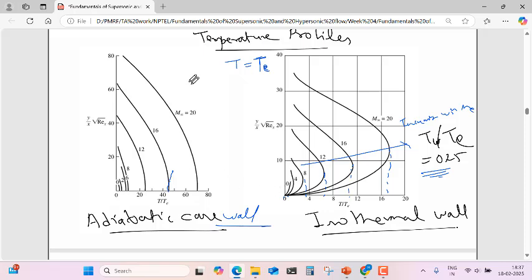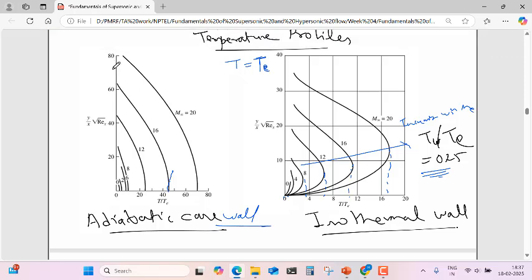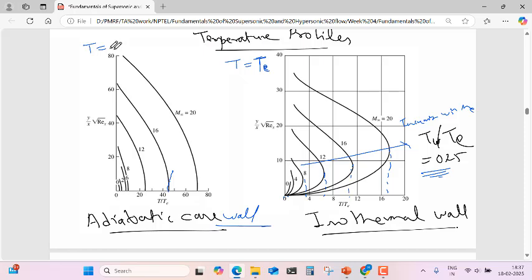And in the case of the adiabatic wall, at the edge of the boundary layer, this temperature will be equal to TE, and at the wall, this temperature will become maximum.